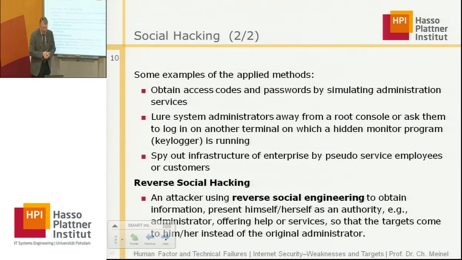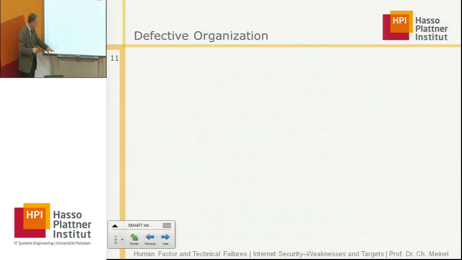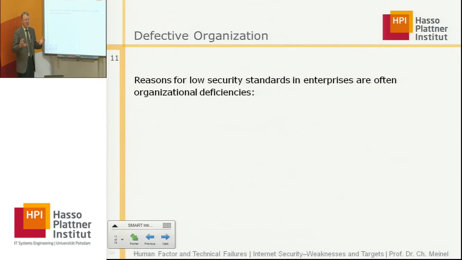For example, as an administrator who offers help or services, so that the target thinks, I trust him or her instead of the original administrator. So we have no time to look too much into such things, but there exist stories about social hacking that prove how successful this method is.